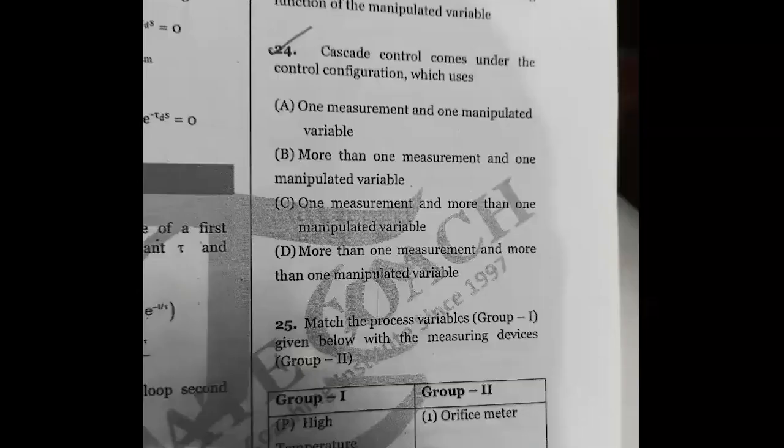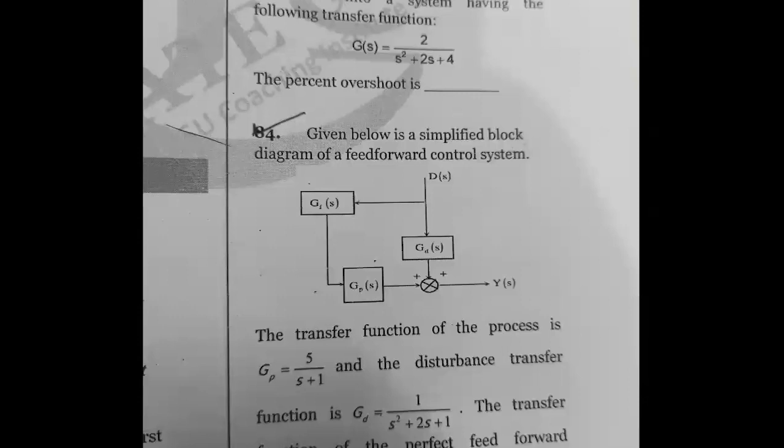So next is this one. I hope you remember this one, we have done this also. Given below is a simplified block diagram of a feed forward control system. If it is a feed forward control system, you can see in this diagram itself, the disturbance is measured and the disturbance transfer function is given.